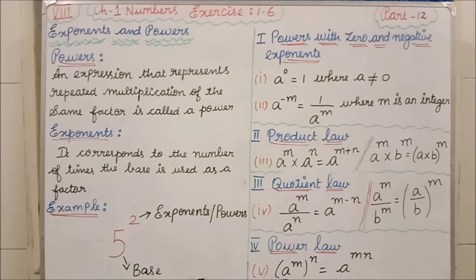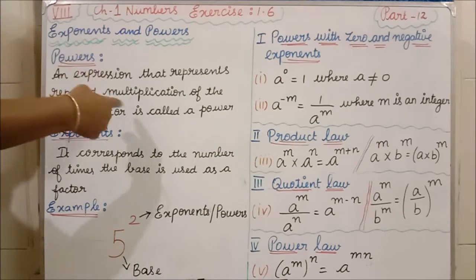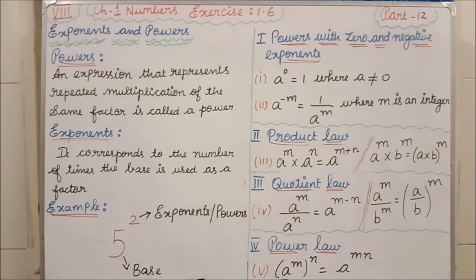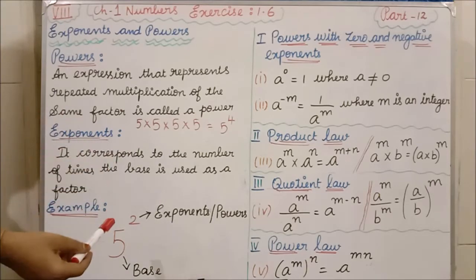Today we are going to learn about exponents and powers. First we'll see the definition. Powers: an expression that represents repeated multiplication of the same factor is called a power. So what does repeated multiplication mean? If you are writing 5 into 5 into 5 into 5, the 5 is repeated multiplication, isn't it?